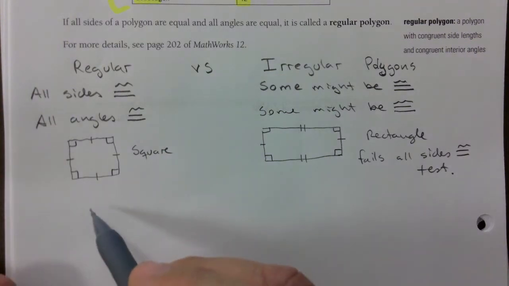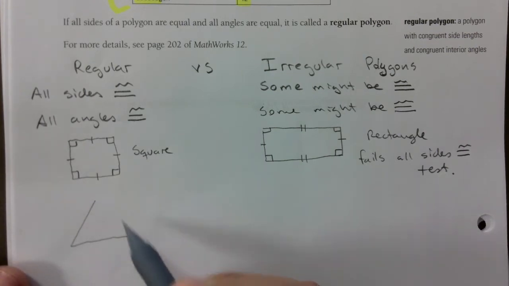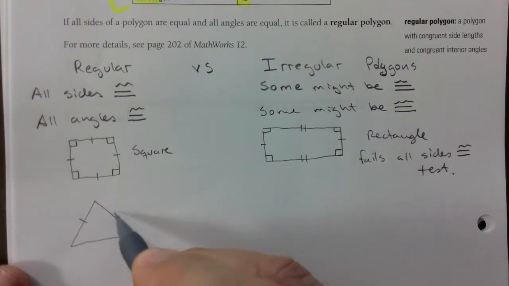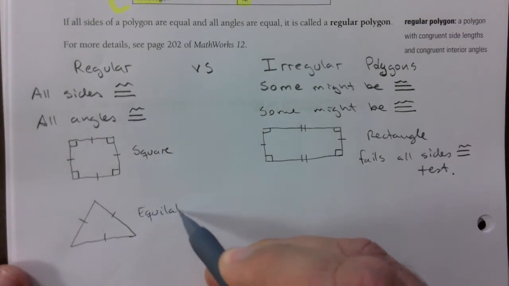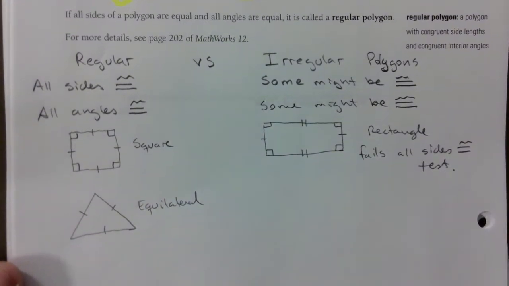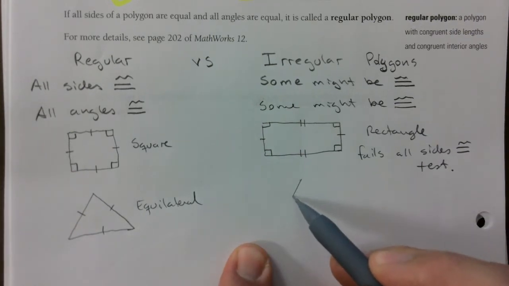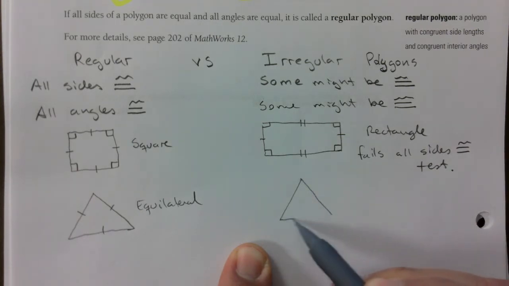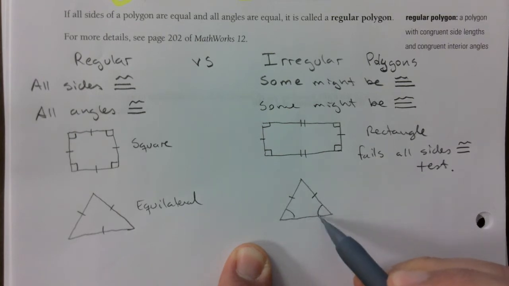And you have your triangles. Which triangle would be considered a regular? What do we call it? Equilateral. Yeah, so boom, boom, boom. Equilateral is a regular. And would isosceles be a regular? No, it would not be, because only these two are the same.